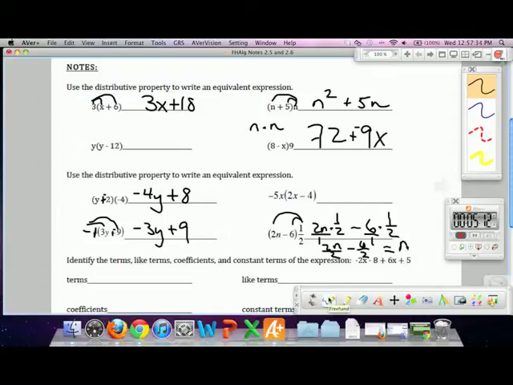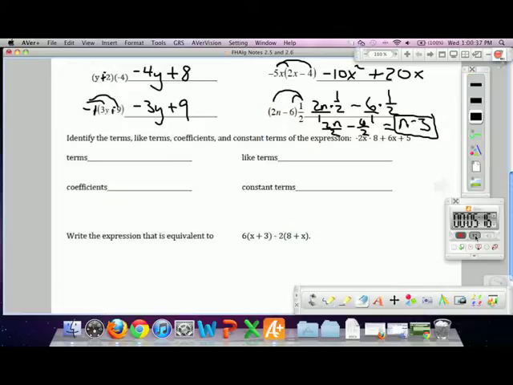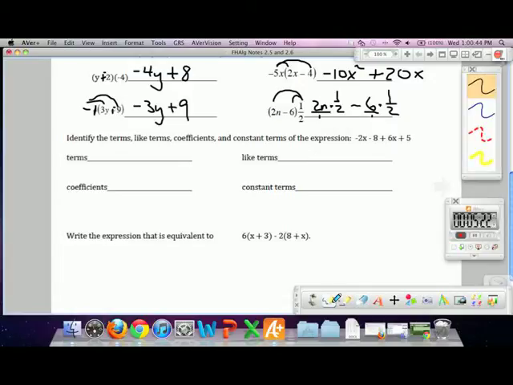I'll erase this so we can see the problem above. What are the terms? What are the groups of numbers multiplied together and separated by adding or subtracting? What are the individual groups here? 5 is one of them. Negative 2x is another one. 6x is another one.